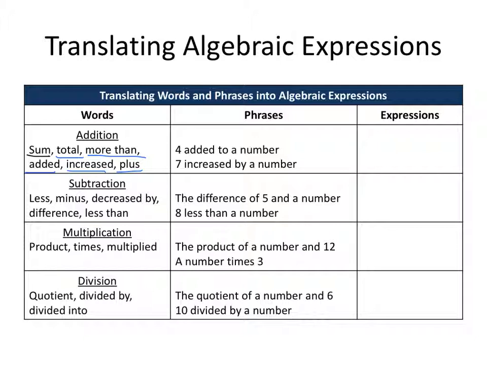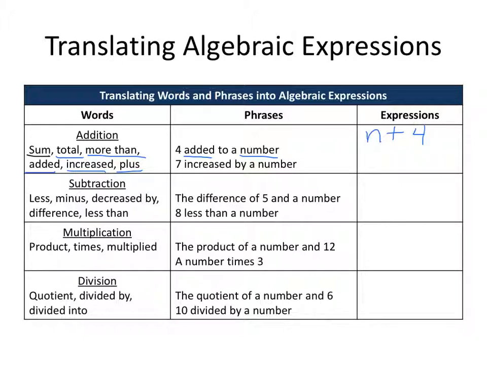So we have two examples here. We see 4 added to a number. That obviously means to add. A number would indicate any number. We don't know what number that is, so we would need to represent that using a variable. We might use the variable n, for example. And it says that 4 is being added to that number.